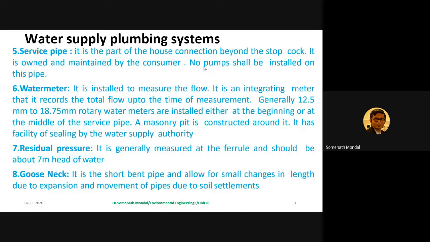So stopcock is provided before the water enters the water meter in the house. Fine. And it is housed in a suitable masonry chamber again, and with a removable cover, and is fixed in the street close to the boundary wall in an accessible position. Sometimes it is provided just before the water meter inside the house, keeping both of them in one chamber.